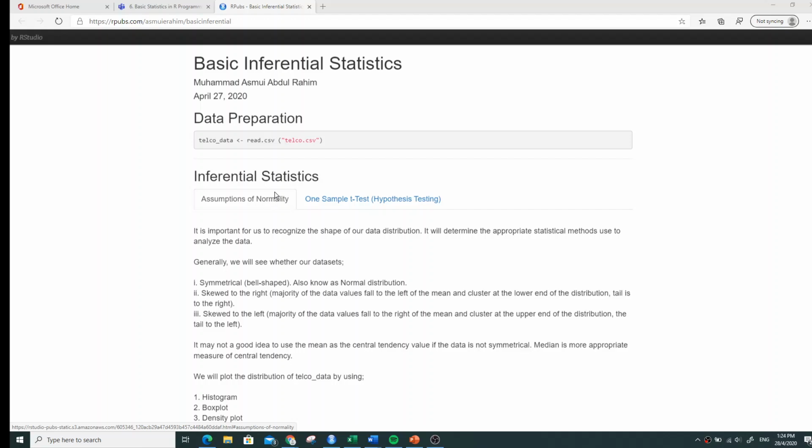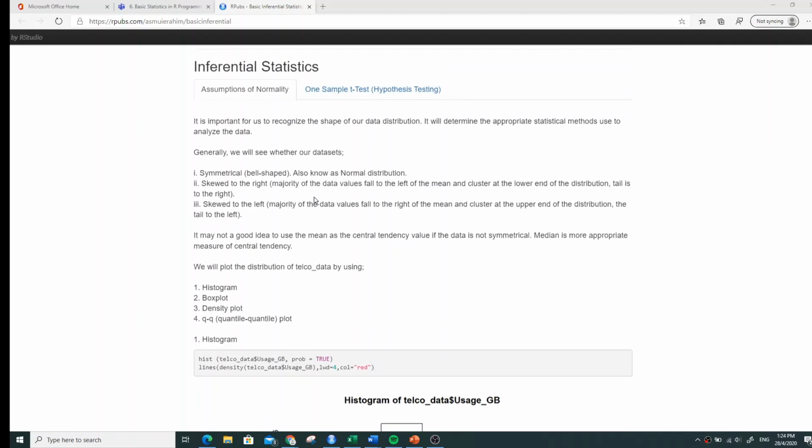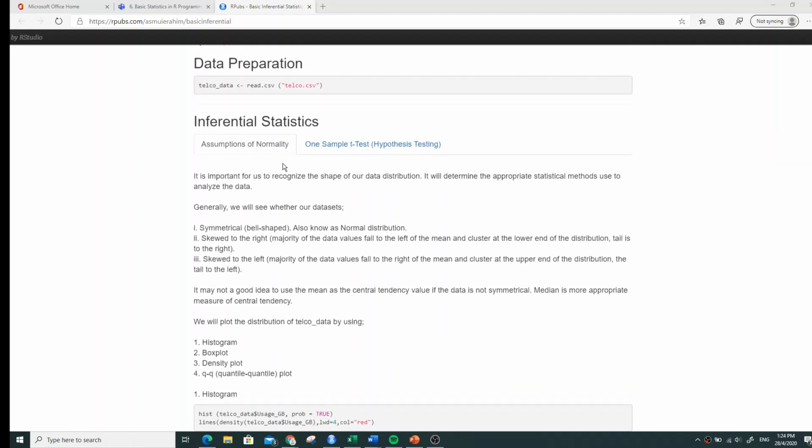Here I will divide this chapter into two topics, which are assumption of normality and hypothesis testing, where I choose one sample t-test for this topic.